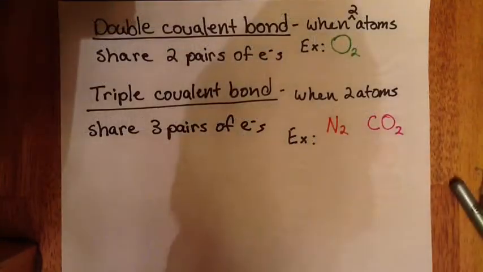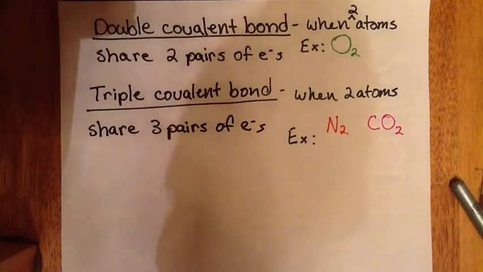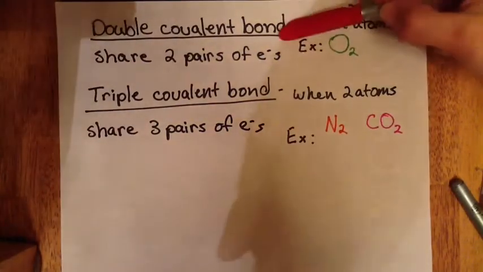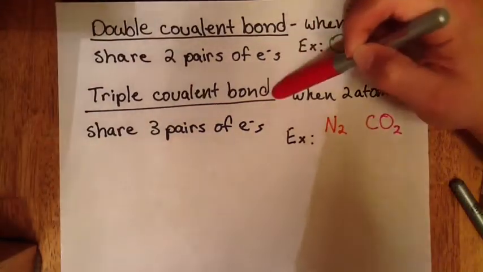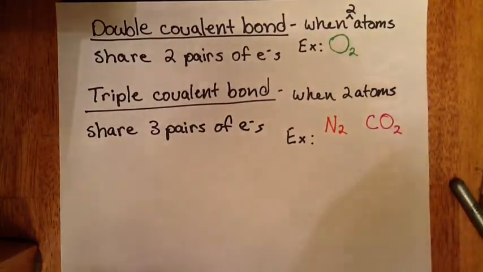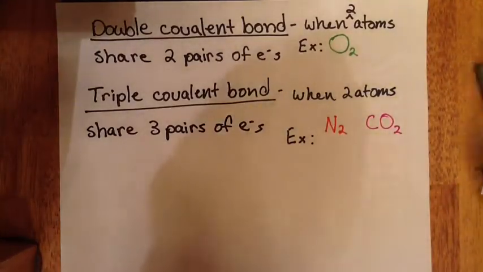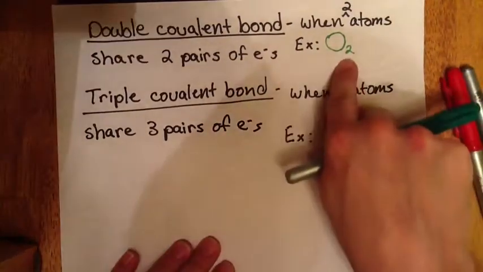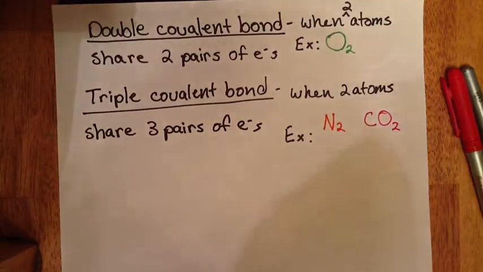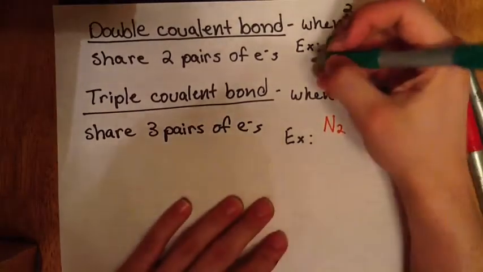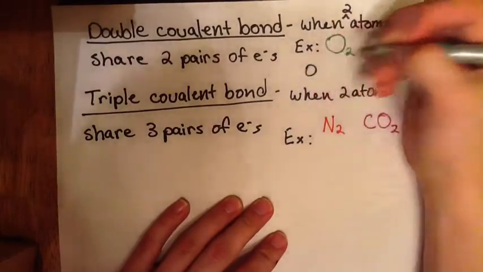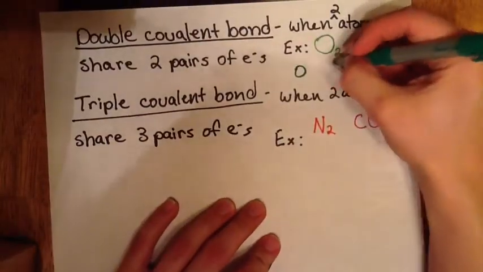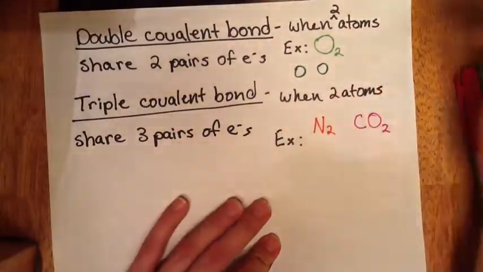Okay, so our other types of bonds. We have double covalent bonds and we have triple covalent bonds. And they're pretty much what they sound like. So in oxygen, whenever oxygen bonds with itself, we have one oxygen here and then another oxygen here.